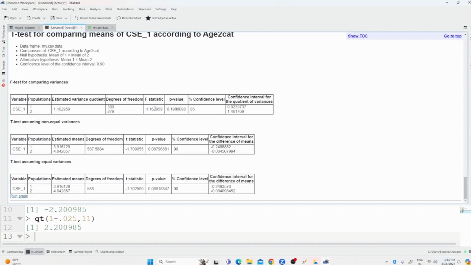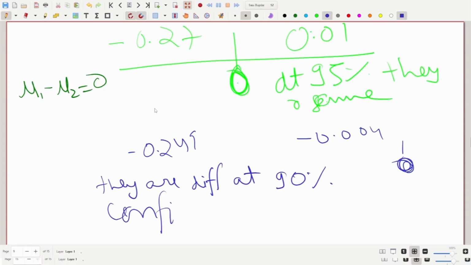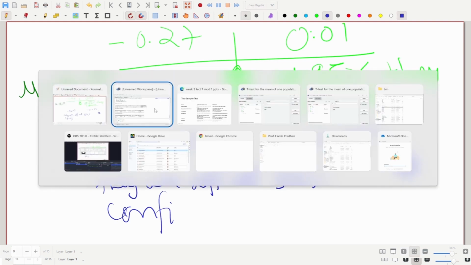So please understand, when you just have to compare one variable with two groups, then you go for an independent sample. You have looked at it here, okay.